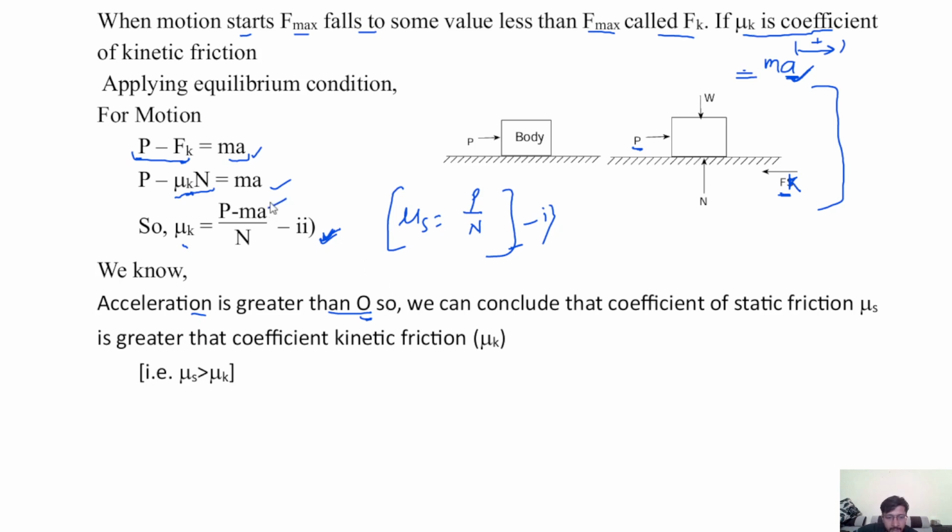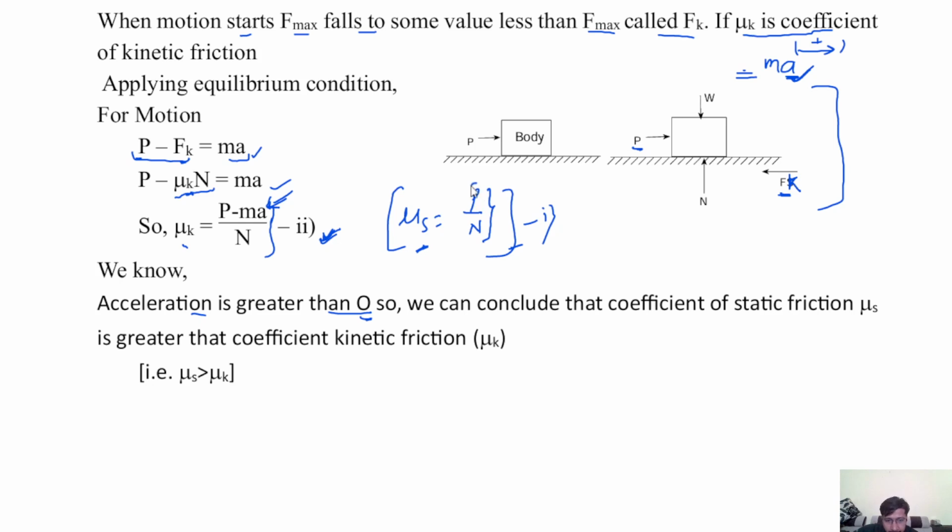When the value of acceleration is greater than 0, this quantity is less than this quantity. That means we conclude that the coefficient of static friction is greater than the kinetic friction.